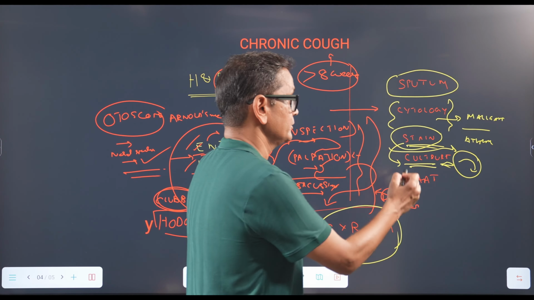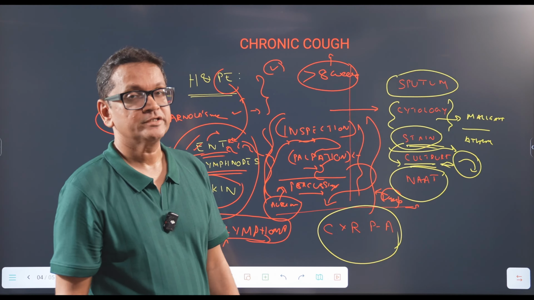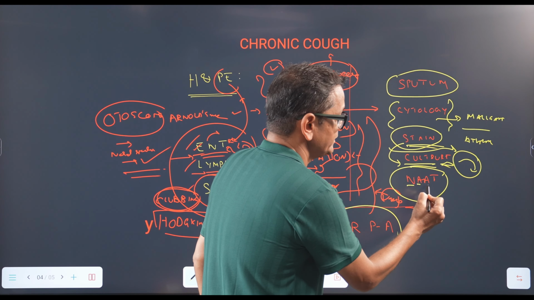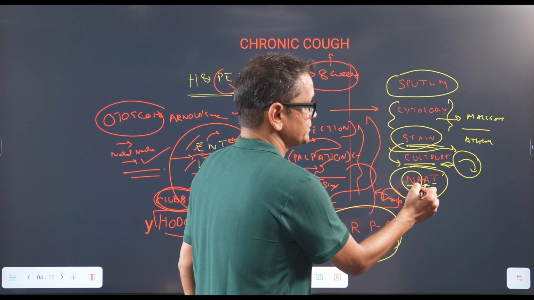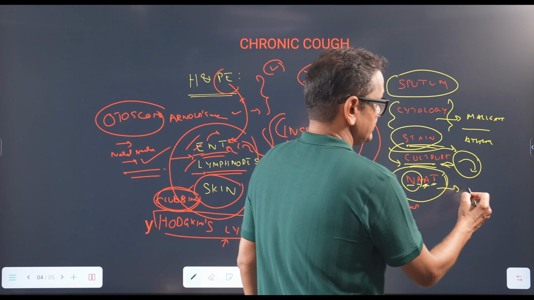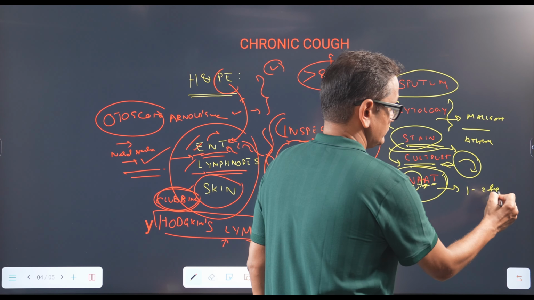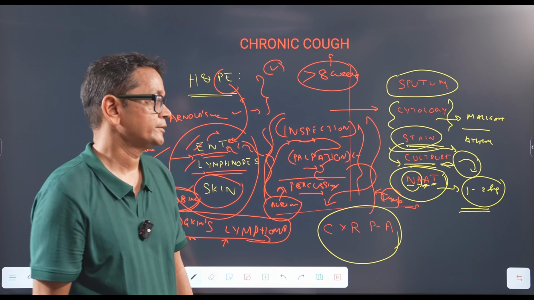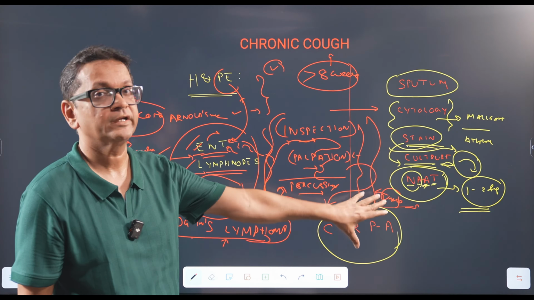So nowadays we are employing multiplex PCRs, or NAAT, which is nothing but nucleic acid amplification tests. These are rapid bedside tests that can give output within 1 or 2 days, aiding in the diagnosis and patient recovery. So these are the things nowadays we are doing depending upon the clinical scenario.